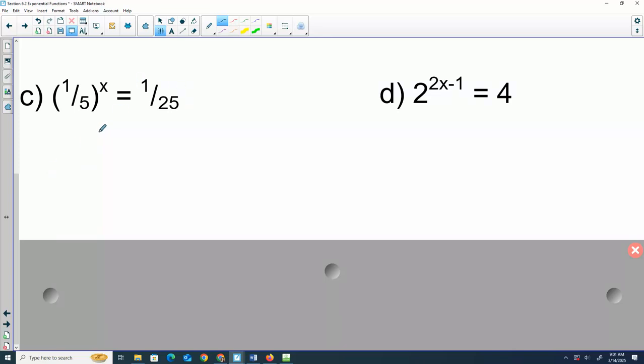What could we do? Can it do 1/5 squared? 1 over 25 is 1/5 squared. So x is 2. Alright, you guys do D for me.